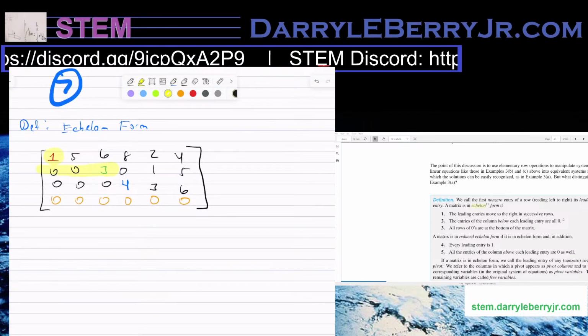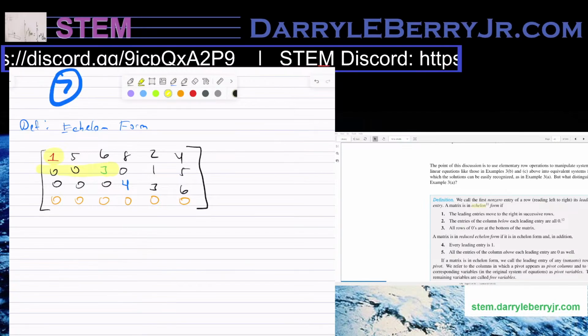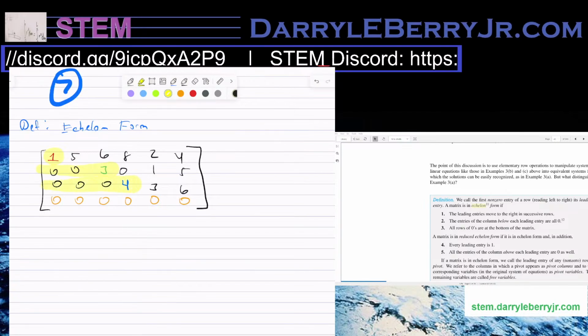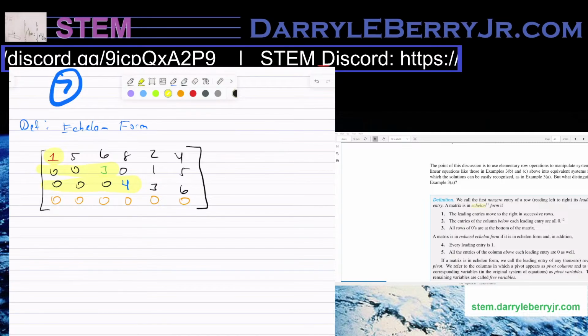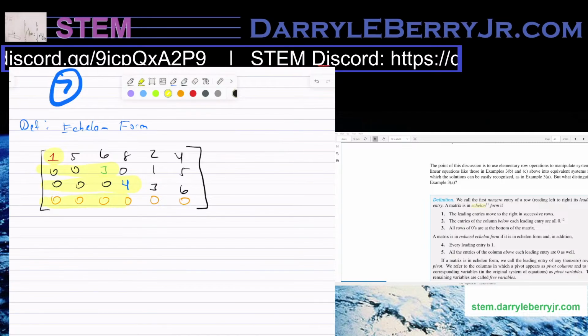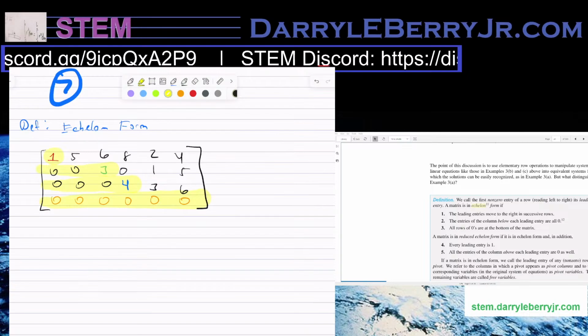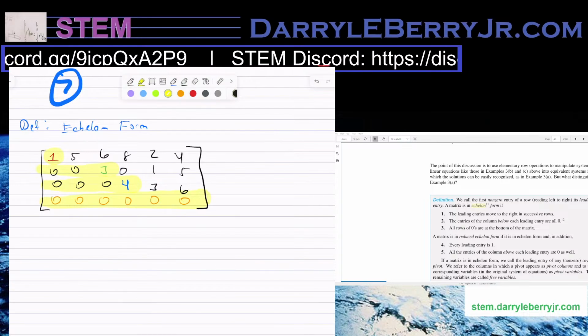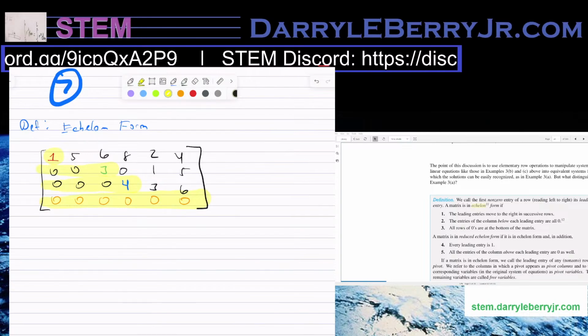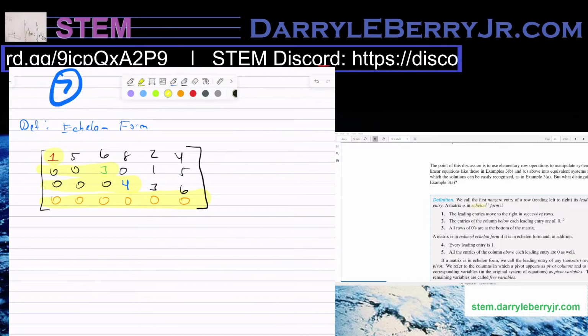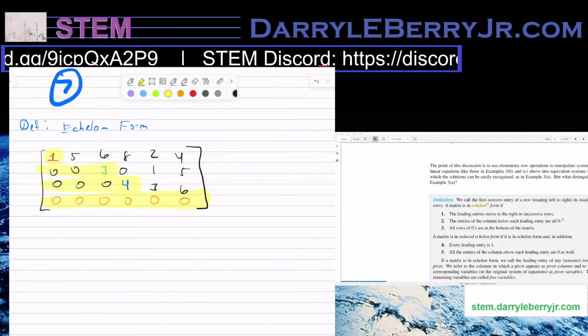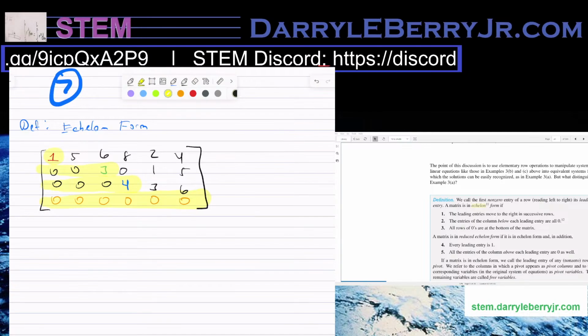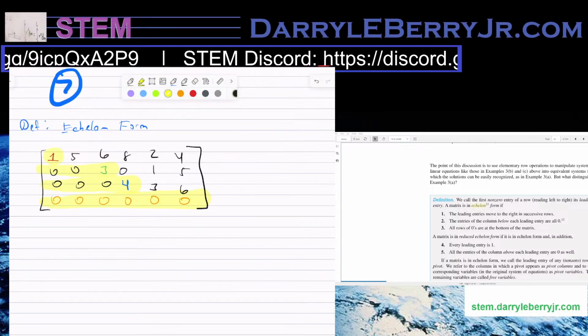So the successive row, even though I skipped a row, is to the right. Here, successive rows have zeros to the left, and all zero rows are on the bottom. So the leading number of each row has zeros underneath it.